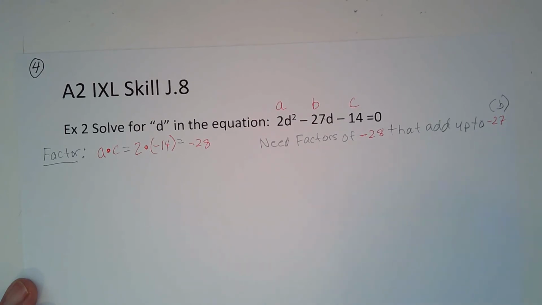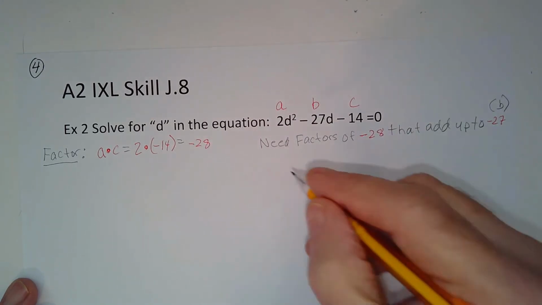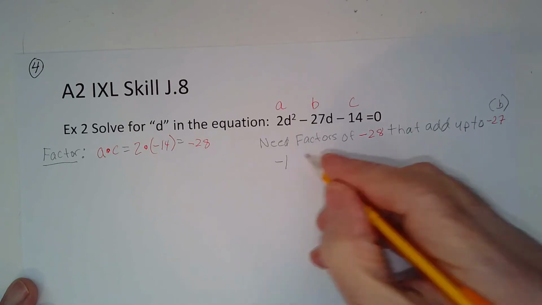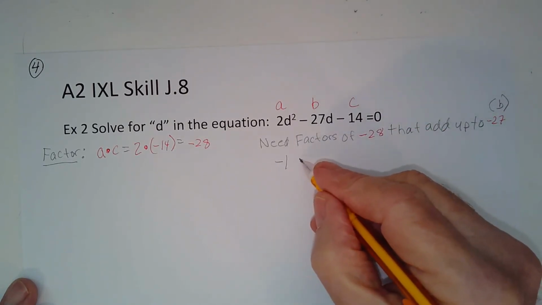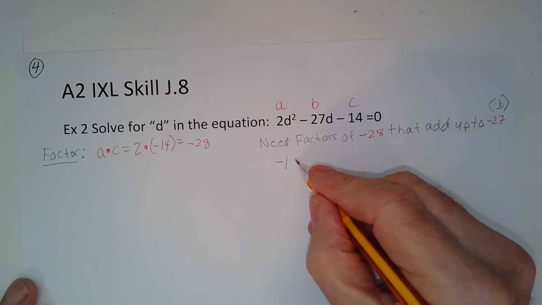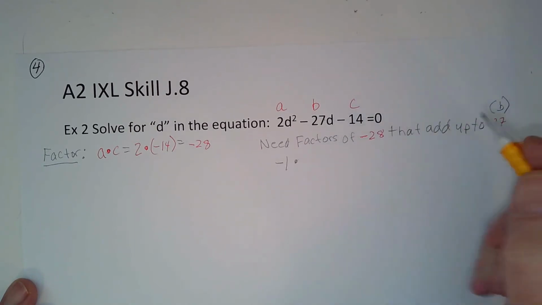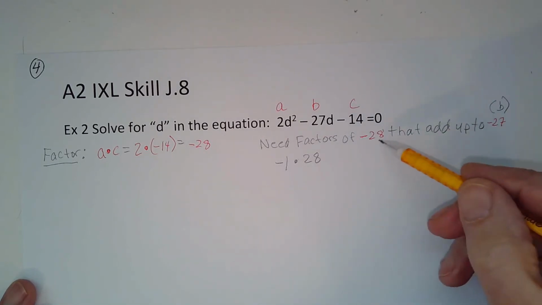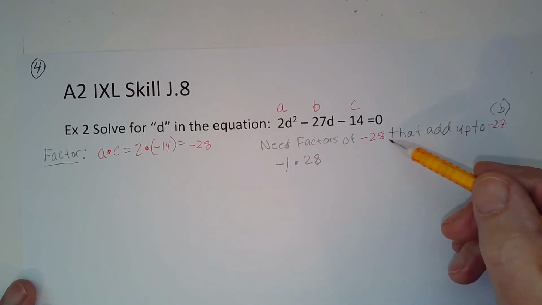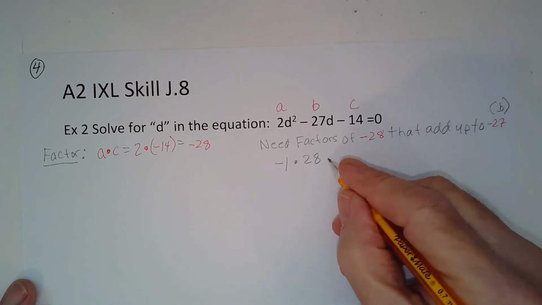So you're going to take negative 1. We're going to start out with negative 1 times positive 28. Start out simple. And negative 1 times positive 28 equals negative 28.